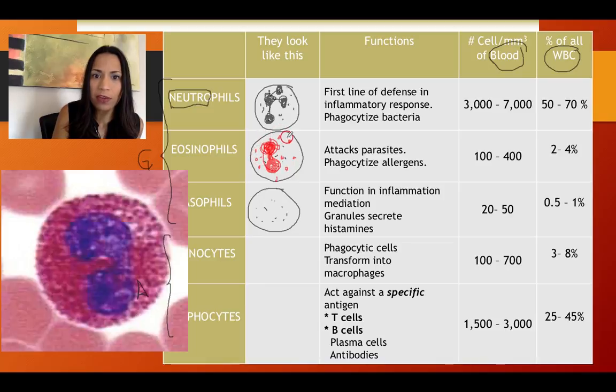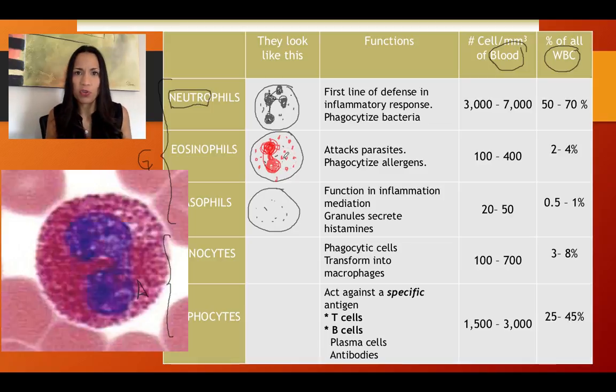And these are granules that are going to break down inflammatory substances like bradykinin, histamine, and other pro-inflammatory substances. They attack parasites and also all of those nasty allergens that produce allergies, dust particles, you name it.